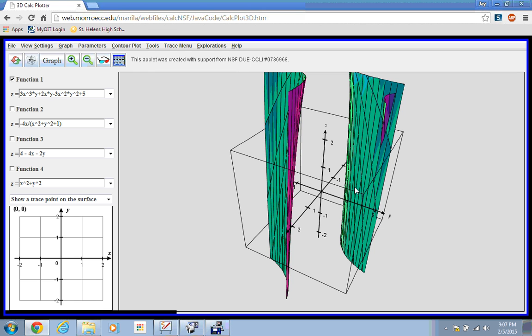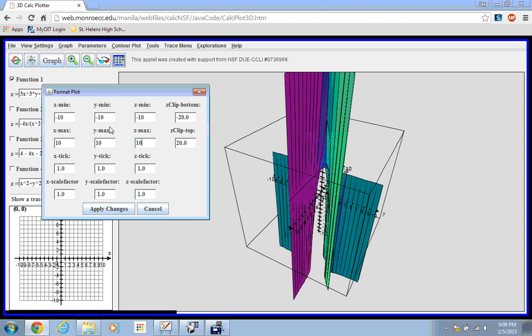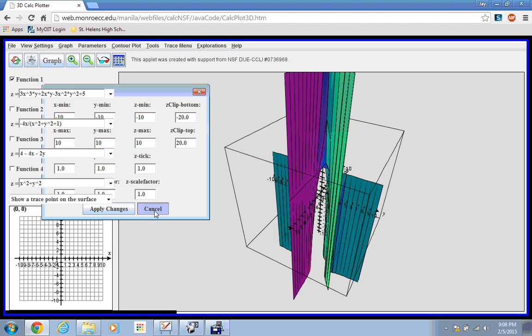Okay, and so this isn't going out very far, so I'm going to go ahead and adjust this like negative 10, 10, and negative 10, 10, and oh hey, that's pretty cool.